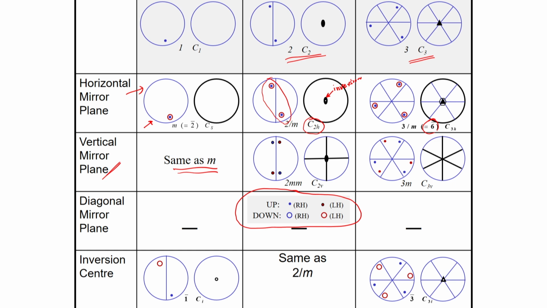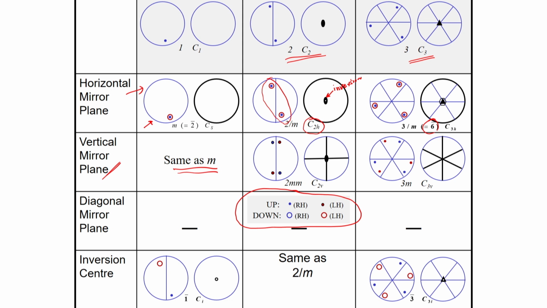This we have seen while discussing the two-dimensional point groups, and you can figure out that all the points are up except that their handedness is changing as a result of this vertical mirror. So, the point group notation is 2mm, just the same as the 2mm notation in the two-dimensional point group, and C2v is the Schoenflies notation indicating that a vertical mirror has been added.